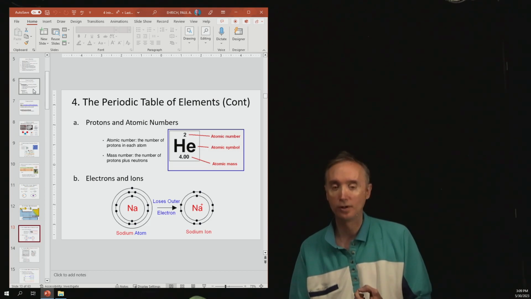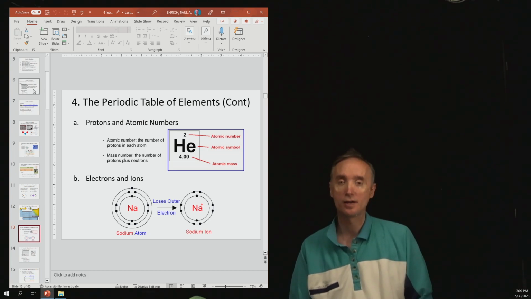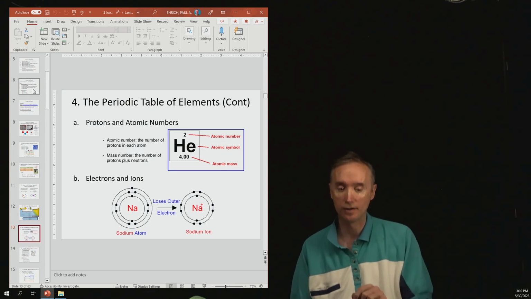Normally an atom is neutral, meaning that for every electron there's a proton that goes with it, but sometimes an atom has an electron or multiple electrons ripped off. Other times an atom has extra electrons added to it, and then we call those things ions.